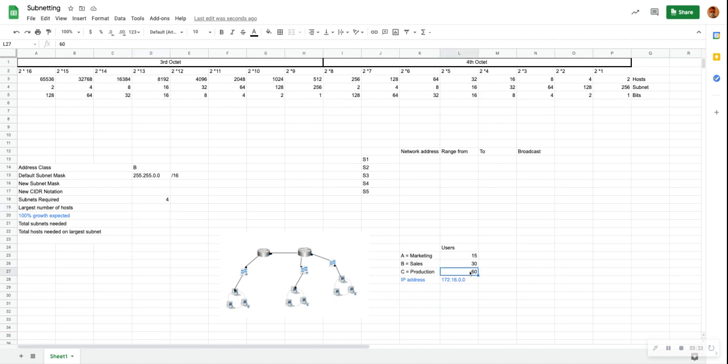If we look at production, that's clearly the largest number, so 60 is required on that network. I'll put 60 as the largest because that's going to affect our subnetting potentially. If we get 100% growth, we're going to need a total number of 8 subnets, since 4 times 2 is 8. And then the total host need on the largest subnet is 60 times 2, so 120.